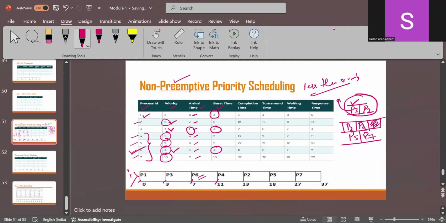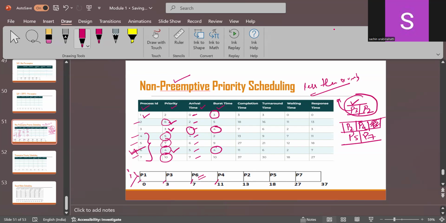Now, once P6 has completed its execution, once again you check in the queue. P2, P4, P5 and P7 are remaining. Out of these, which process has the higher priority? Looking at P2, it has 6, P4 has 5, P5 has 7 and P7 has 10.